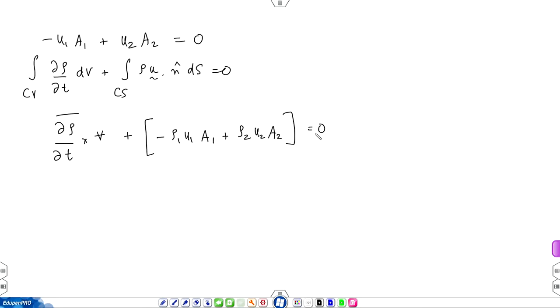So, rho u a is the mass flow rate. So, mass flow rate going out minus the mass flow rate going in plus the changes in density taking place within the medium will all add up to 0. So, in algebraic form.